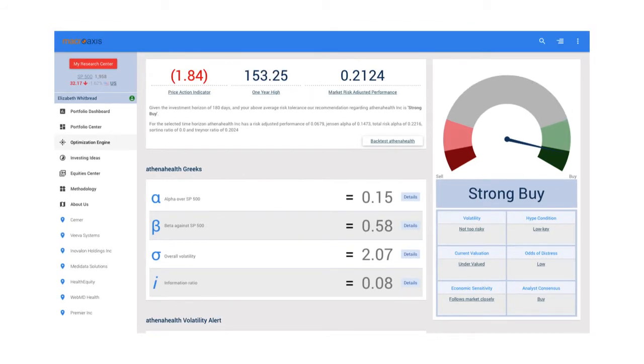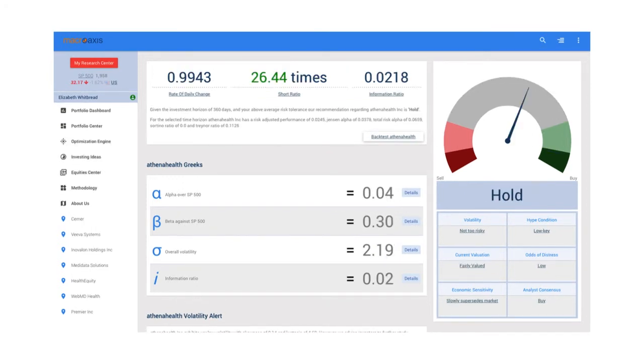Now if we reduce the risk tolerance to 60 out of 100 with the same time horizon, you'll see that Athena Health still is a strong buy. But if we move the investment horizon out 1 year and still 60 out of 100, called an educated risk taker, you'll see that out 1 year it's moving into more of a hold position.